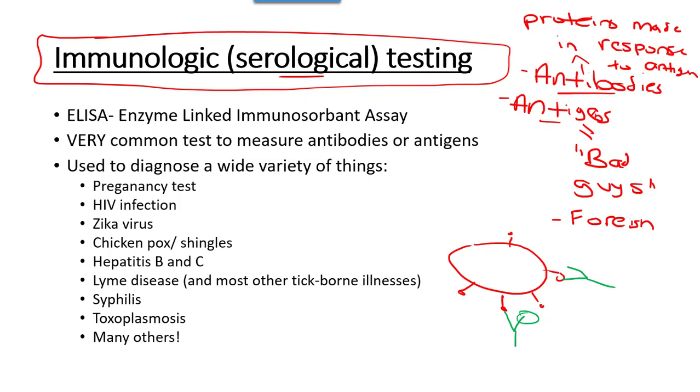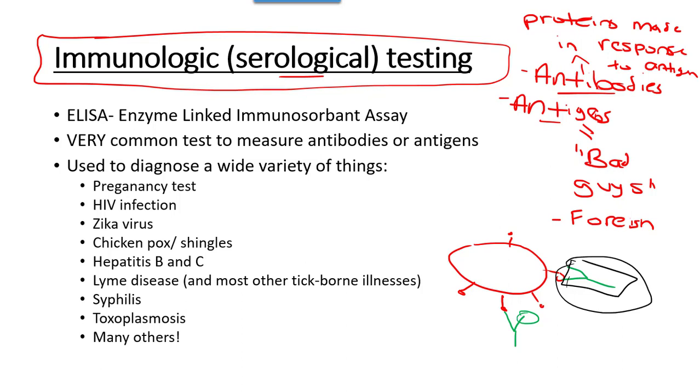So the only way somebody would have antibodies against a specific antigen is if they were infected with that antigen. Somebody would never have antibodies against the flu unless they were infected with the flu. Somebody would never have antibodies against HIV unless they had been infected with HIV.